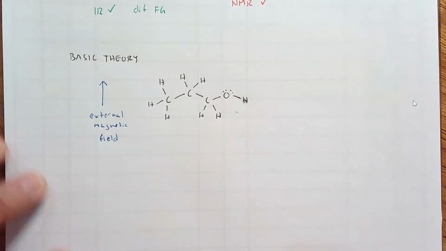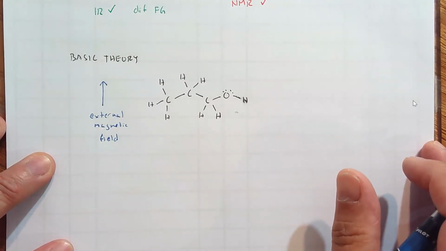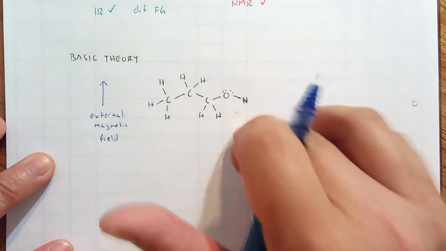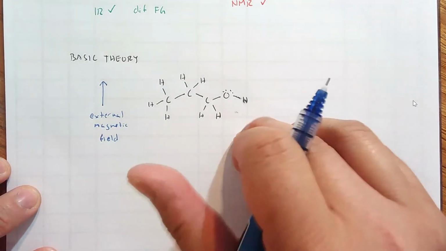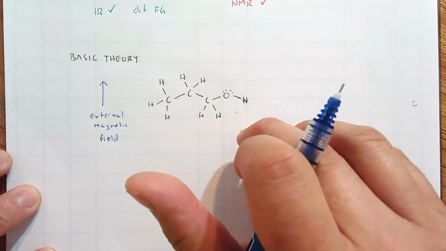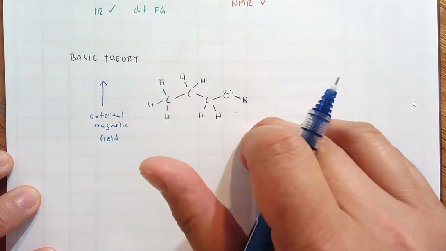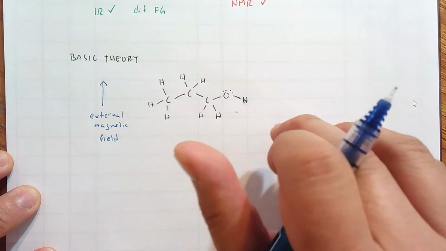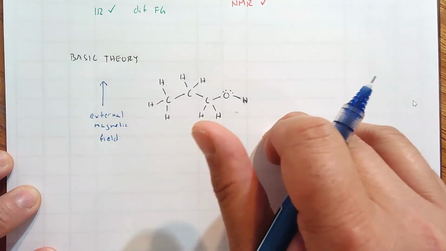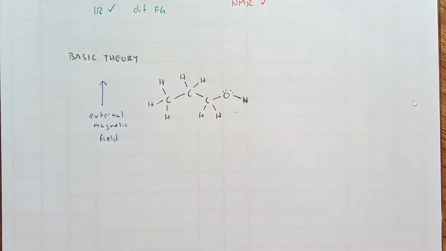I bet a lot of you have been in an external magnetic field in the same exact type of experiment, because those who have taken an MRI scan, magnetic resonance imaging scan, you are lying down inside a giant magnet. Same thing with our molecule samples.